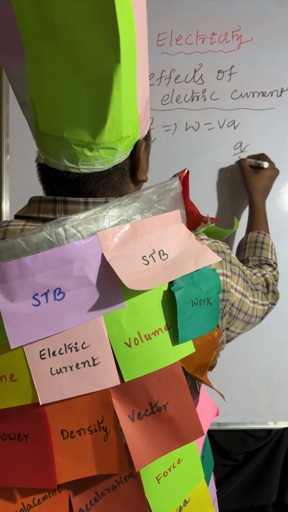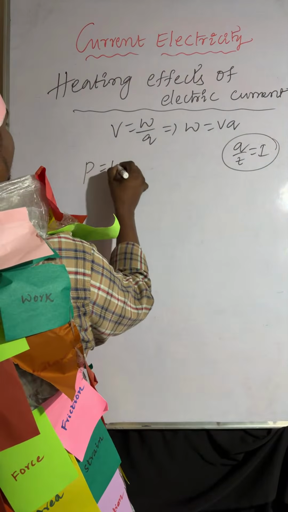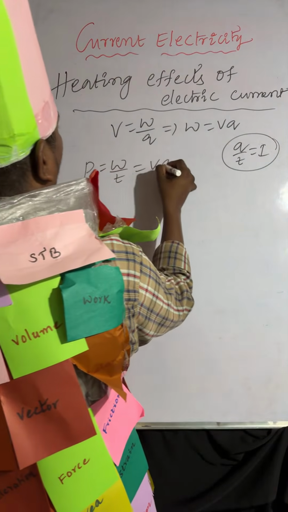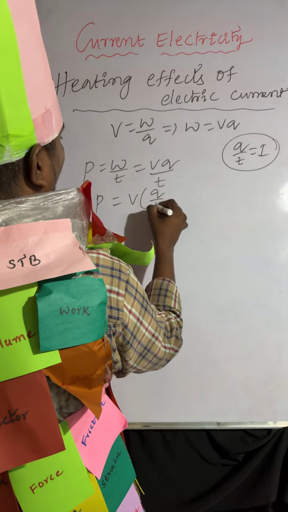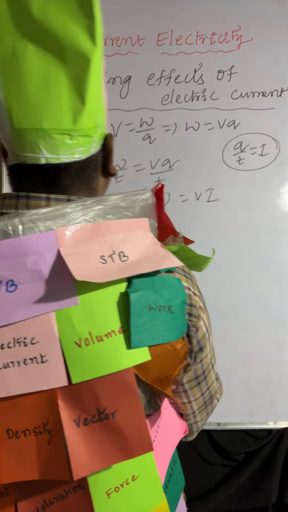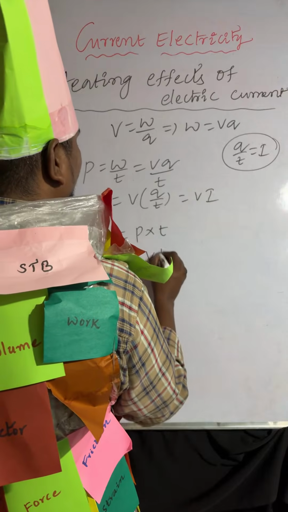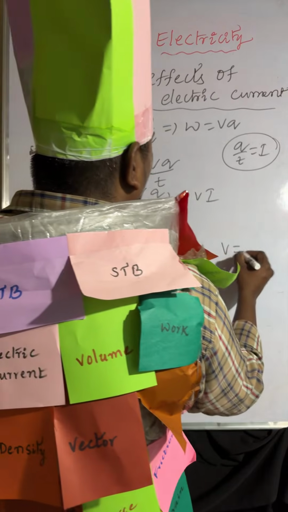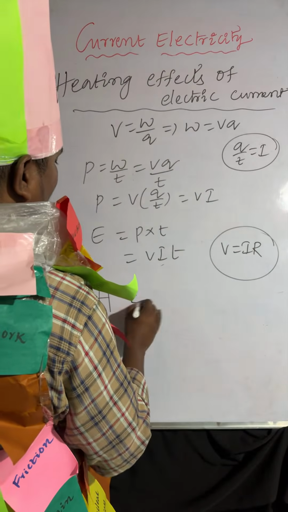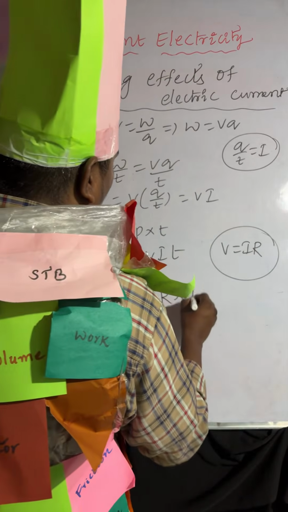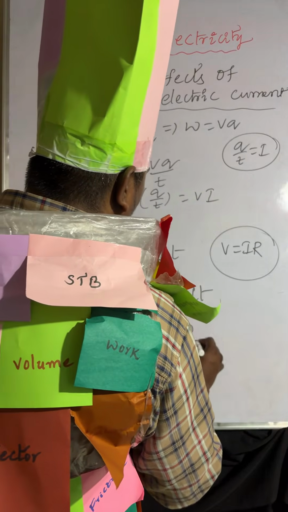You know the rate of flow of charge is called current. So P equal to W by T, that is VQ by T, which is V into Q by T, equal to VI. So energy is P into T, that is nothing but VI into T. Since V equal to IR, H equal to IR into I into T, so H equal to I square RT.